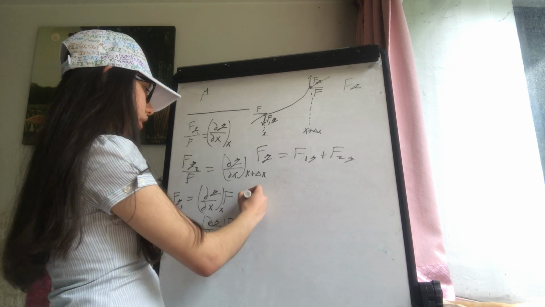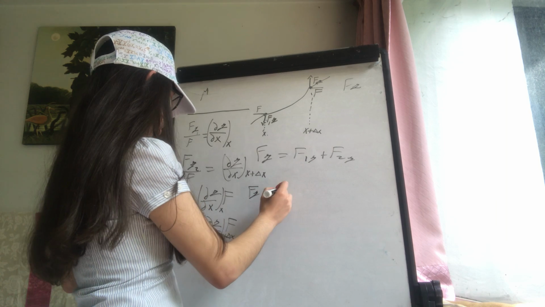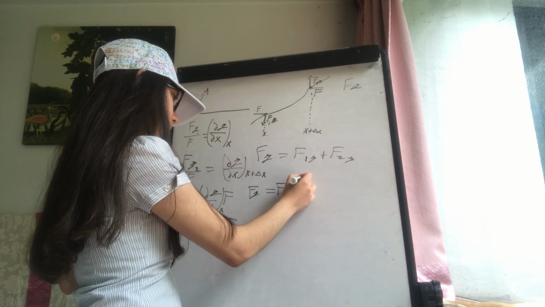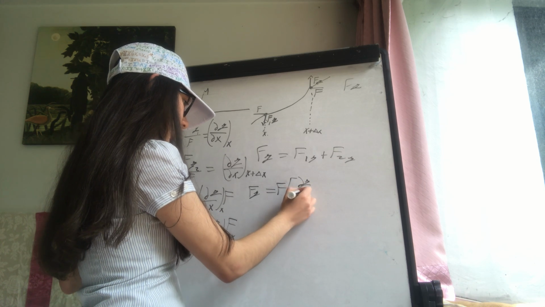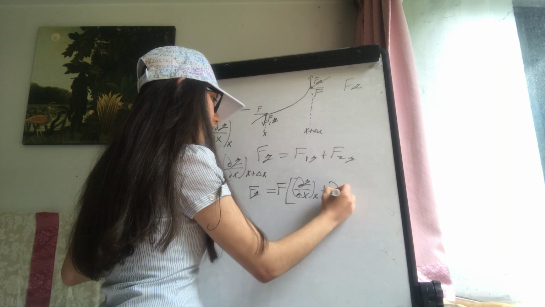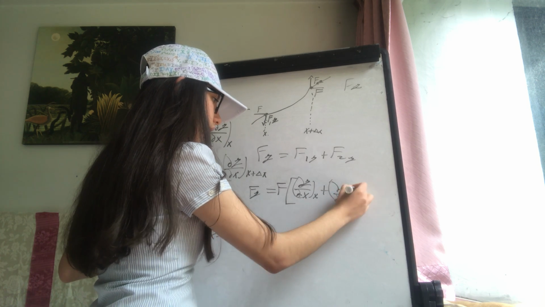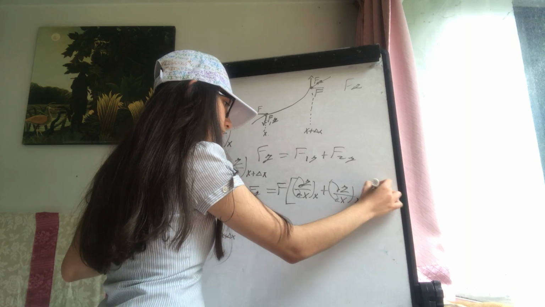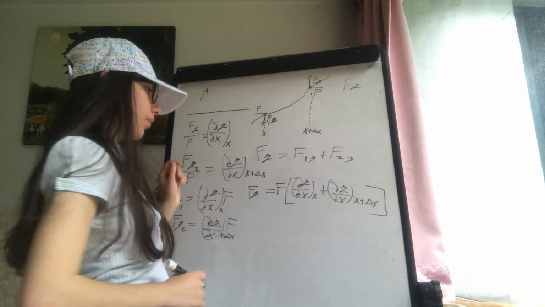So I have that F sub y is equal to F times the partial derivative of y with respect to x evaluated at the point x plus the partial derivative of y with respect to x evaluated at the point x plus delta x. This is the force on y.